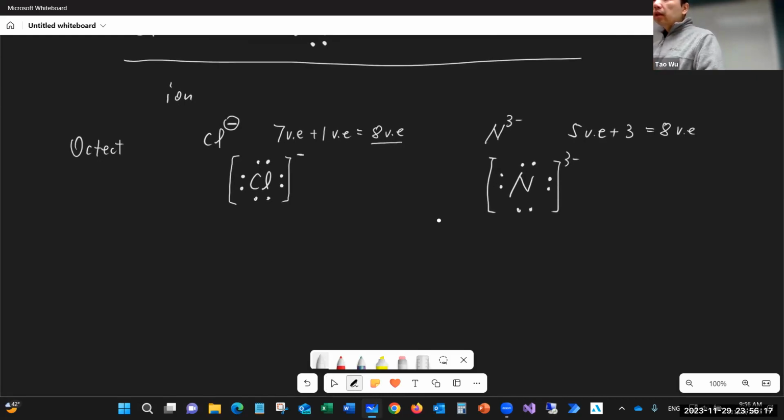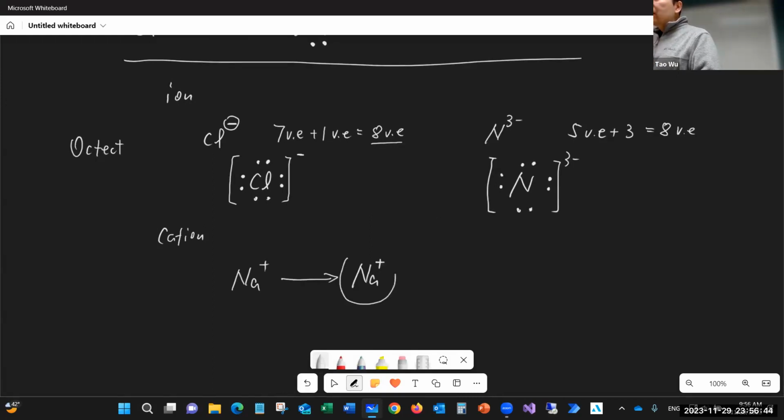So when we do the cation, it's much easier. For example, the sodium ion. How do we write a sodium ion? We know sodium only has 1 dot on the outside. Since the sodium ion loses 1 dot, this dot is gone. Then, since this dot is gone, you just put the positive charge. That's it.